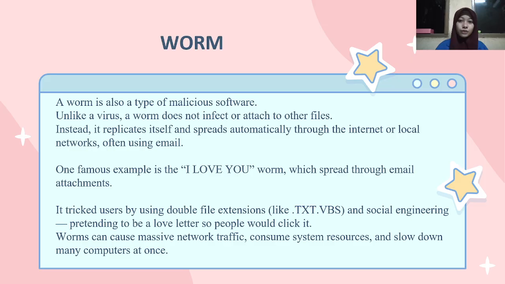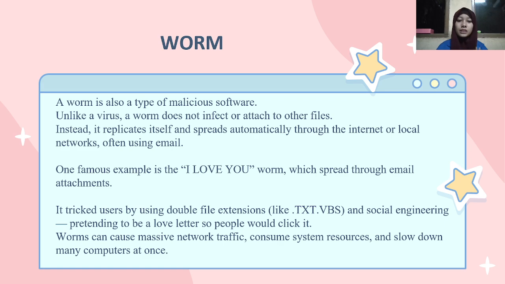Next, we talk about worm. Worm is also a type of malicious software. Unlike a virus, a worm doesn't infect or attach to other files. Instead, it replicates itself and spreads automatically through the internet or local network, often using email.